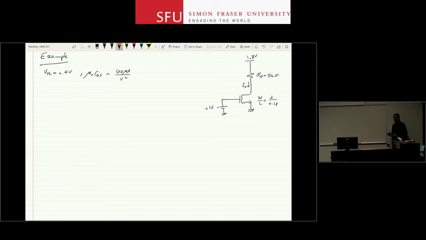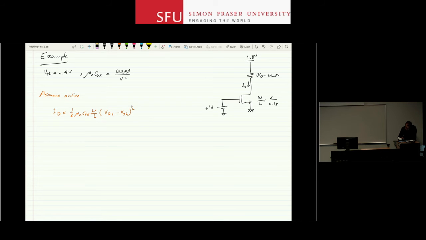So again, we assume active region of operation. VGS is obviously larger than VTH. VTH is 0.4, VGS is 1. And therefore, it's definitely not cut off. So let's assume active. This is our starting point, in most situations. So assume active. And therefore, ID is going to be 1/2 mu n C ox W over L times VGS minus VTH squared.